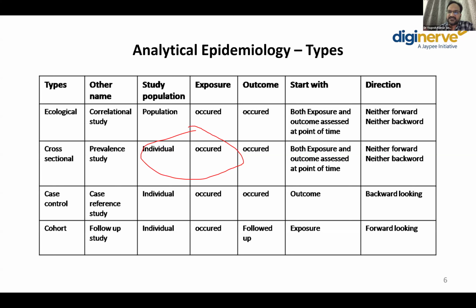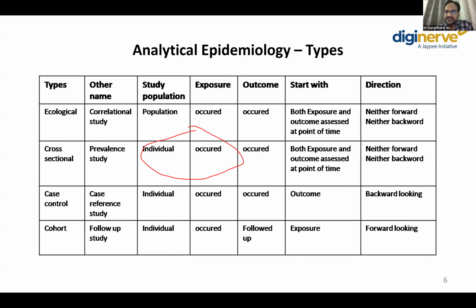And what is ecological study? I'm giving a brief here. Suppose it is a general statement that Indian people are obese. What will happen? The person who is not obese will say that it is false. The individual person will say this statement is not right for me. So there is the problem of individual fallacy in the ecological study.